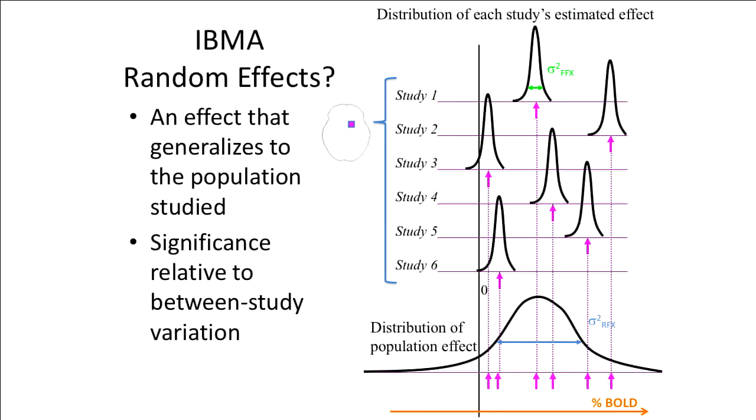When I say we want to make a random effects analysis, we want to make an inference that is relative to not just this relatively narrow precision, because remember, in fMRI there's usually hundreds, maybe 1,000 scans for each subject. So we actually have pretty good precision about each subject's response magnitude. But what matters is the between subject variability, and that's an important aspect of a mixed effects or random effects analysis. It says that's somewhat important, but what's really important is this subject-to-subject variability.